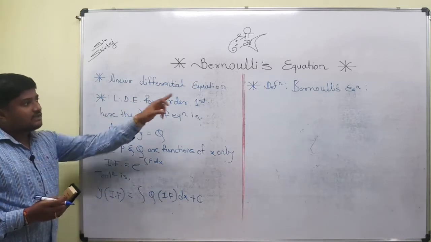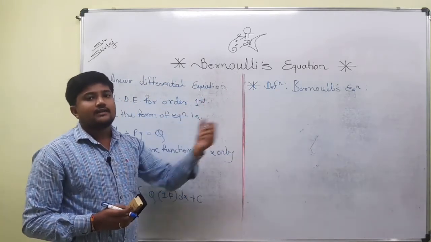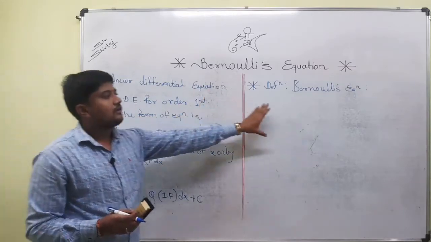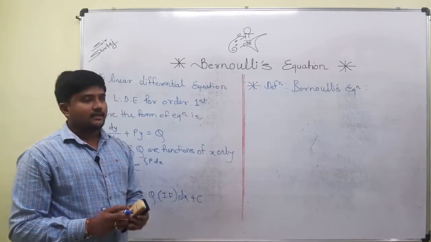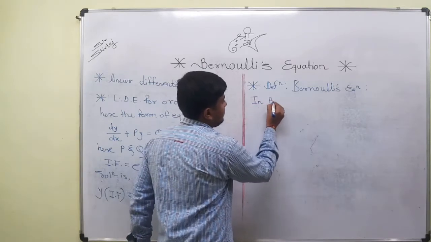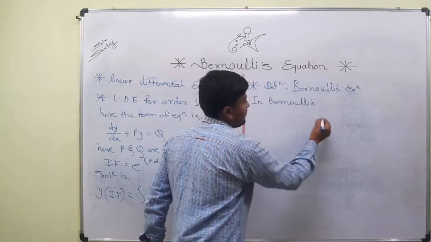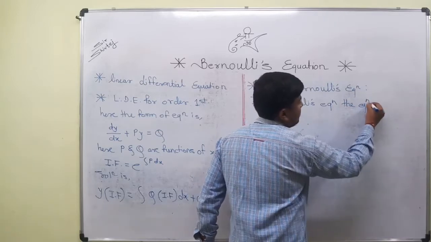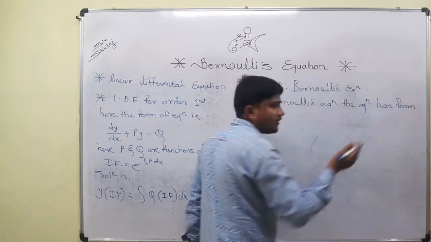Now we see Bernoulli's equation and what is taken in that definition. This same method is used in Bernoulli's equation, but there is some other construction in the definition. What is the form of Bernoulli's equation?